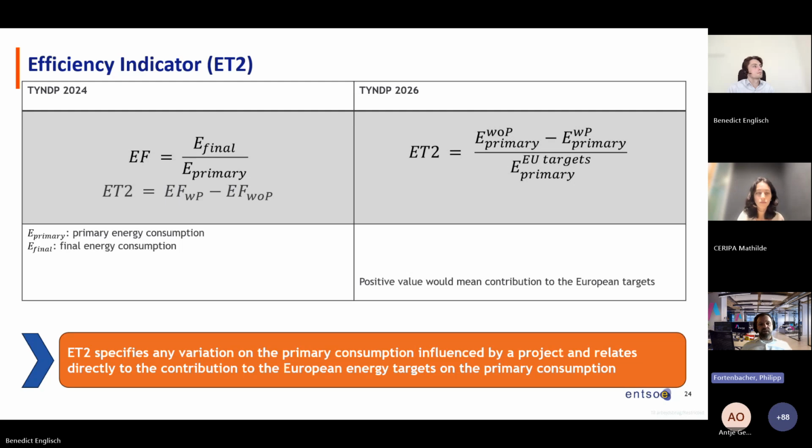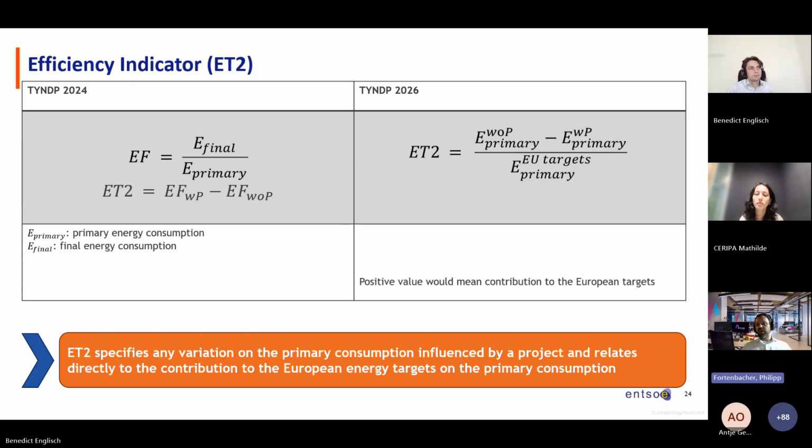So it turned out that this indicator might not be that appropriate because in the end it does not really relate to the targets. It only somehow indirectly relates to it, and we thought it's better to relate it directly. So when you see on the right hand, now we take only the primary energy consumption into account and relate that directly to targets that are set by the European Commission. So in the end, what we do, we just compare the primary energy consumption without the project, which is normally higher, right?